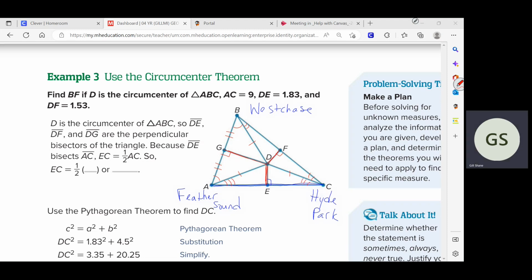But there's still some. So what other markings could we put in about the sides? This is correct here because we made a bisector, so we split that in two. Yeah, on every side, right?